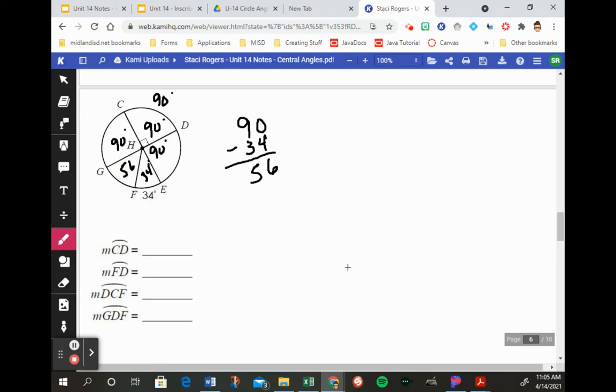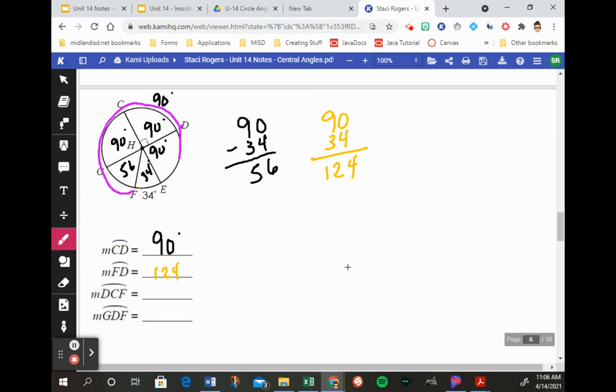So let's do our angles. CD is 90 degrees. FD, F to D, 90 plus 34 is 124. DCF, oops, wrong way.